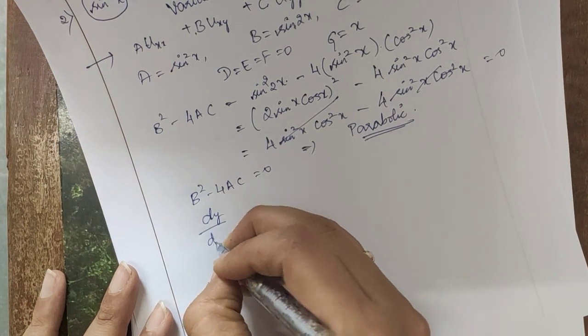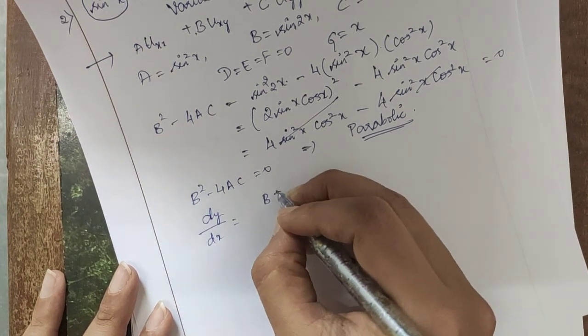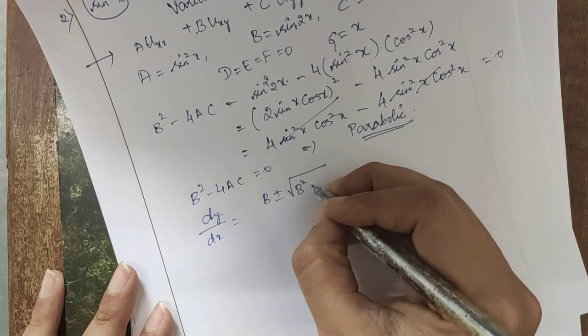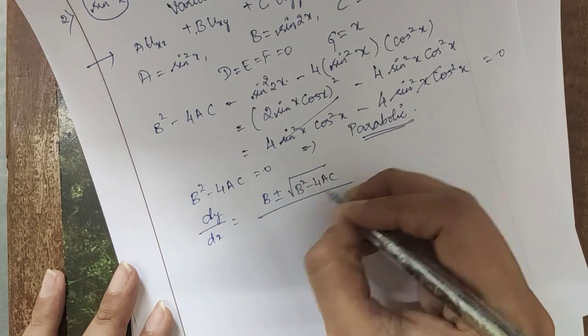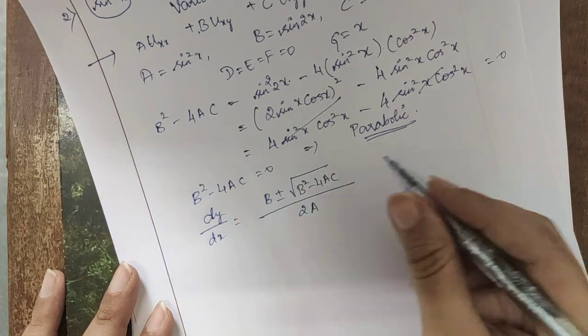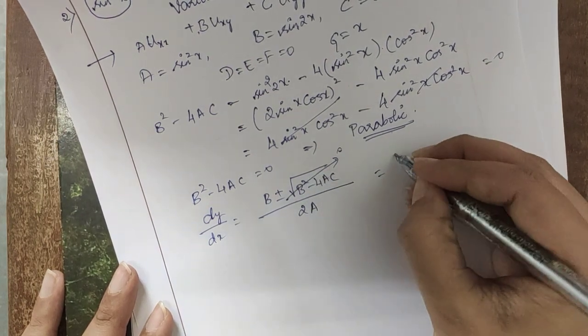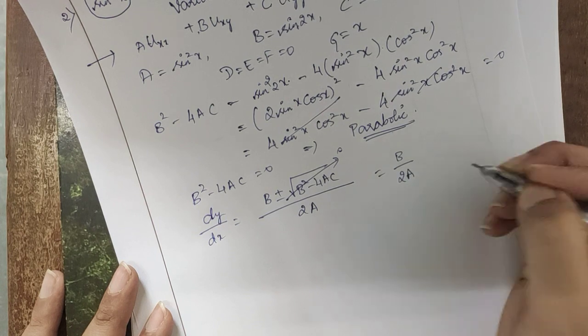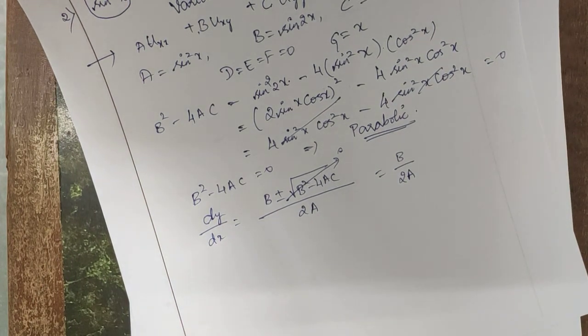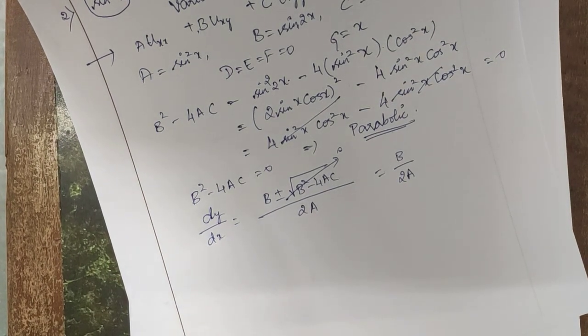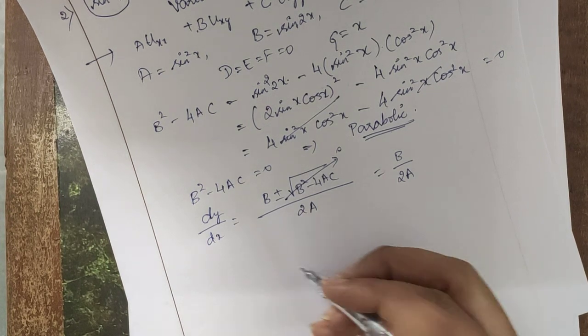So dy by dx is equal to b plus or minus square root of b square minus 4ac, divided by 2a. In this, b square minus 4ac is 0, so we will get b by 2a, right? Now substitute the values of b and a.